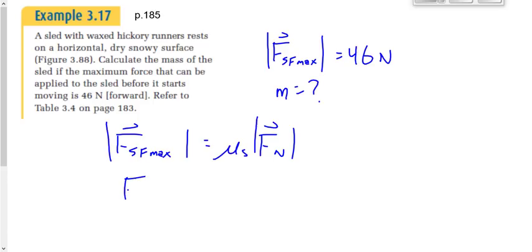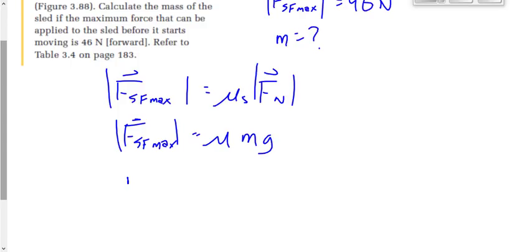So we're going to say F_SF max equals mu times m times g. Normal force just replaced with m times g. We're going to rearrange that to solve for mass. Take the mu and the g down by dividing. I get F_SF max over mu times g.